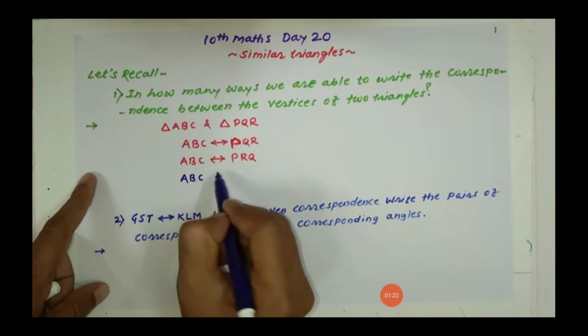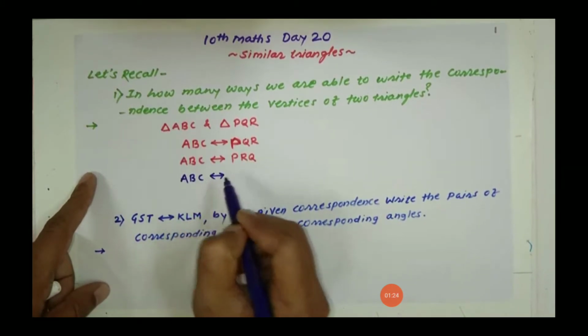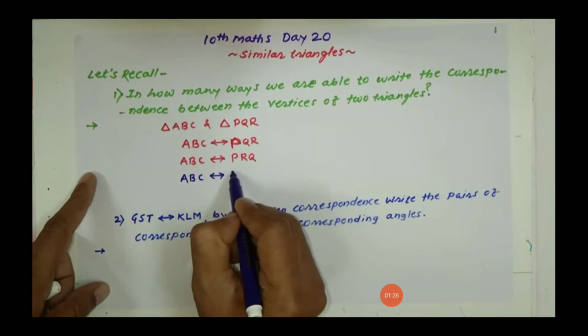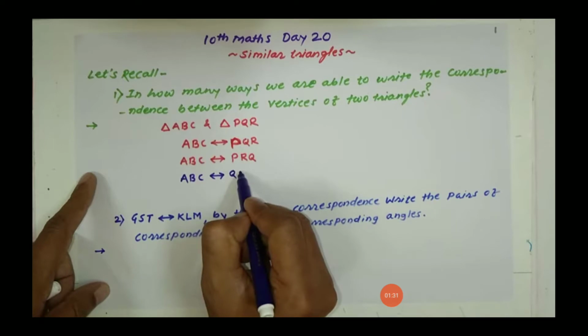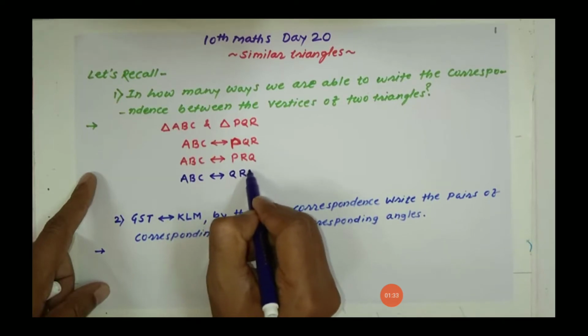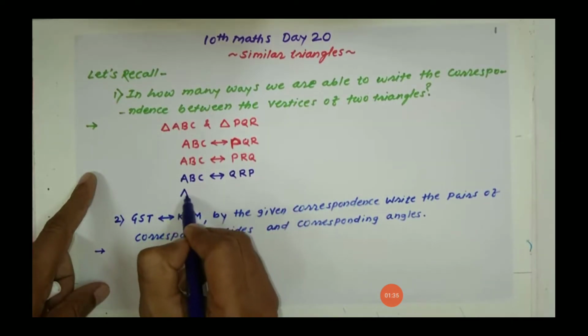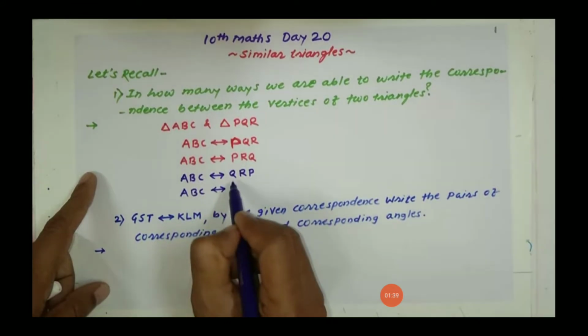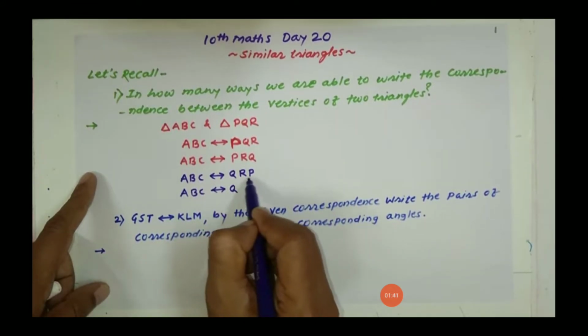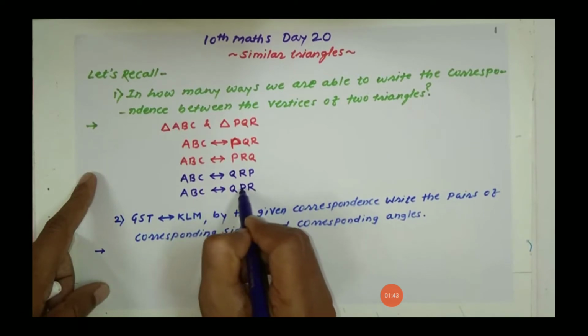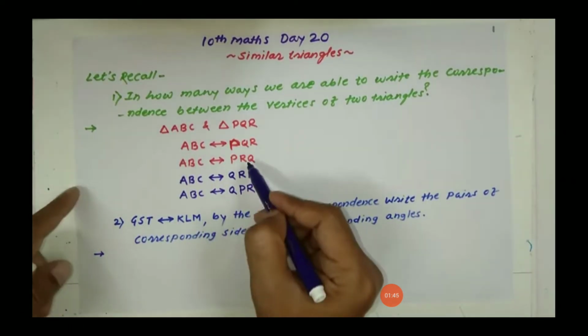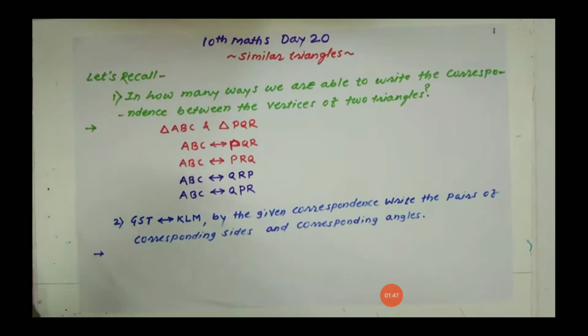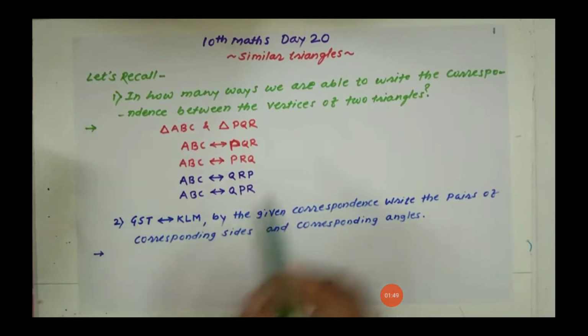Next, how do we write the others? ABC corresponding to, now take Q as the first vertex. So Q, then which are the other vertices? RP. Then ABC is the same, corresponding to Q as it is, and change RP to PR. So like that, 1, 2, 3 and 4 types. Then the next one, I will write like that.